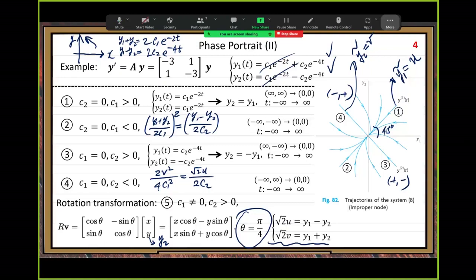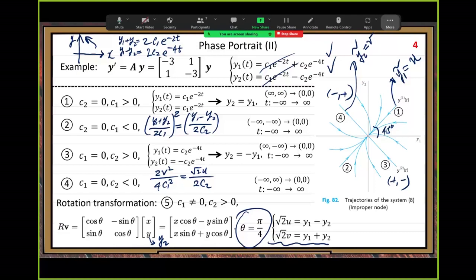Using the formula, we replace y1 plus y2 by root 2 v, then take the square, so we get 2v squared over 4 C1 squared. Replace y1 minus y2 by root 2 u over 2 C2.